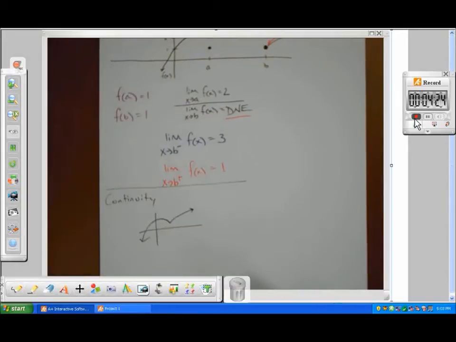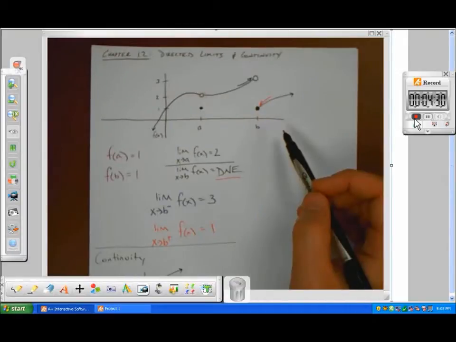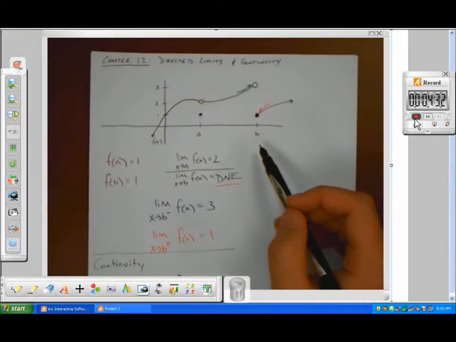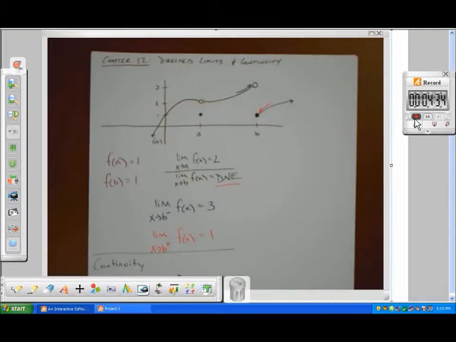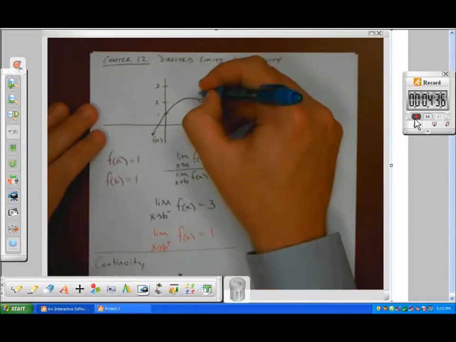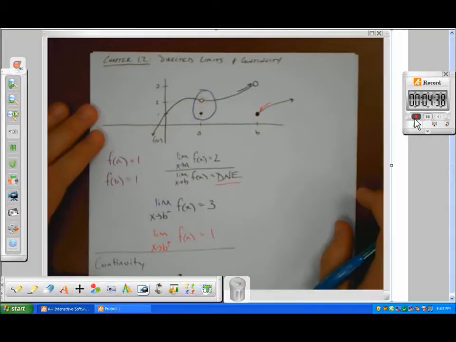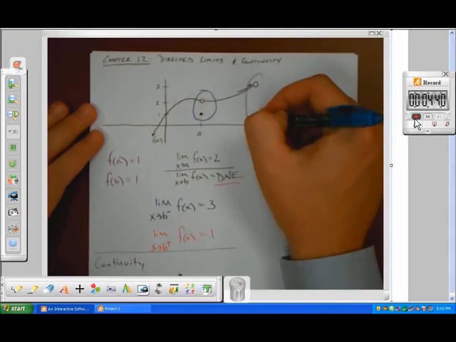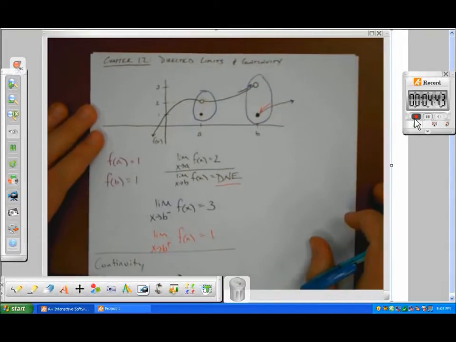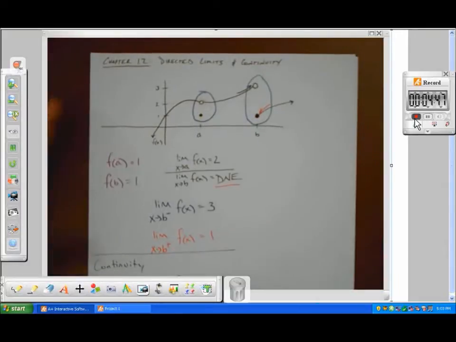This is something that I can draw without picking up my pencil. If you look at our original example up here, there are two places where this graph is not continuous. It's not continuous right here because of the hole, and it's not continuous right here because of the jump. But everywhere else, it's continuous. It can be drawn without picking up your pencil.